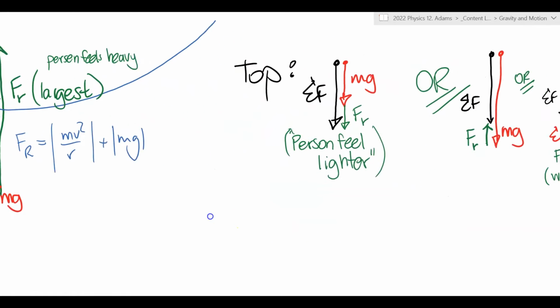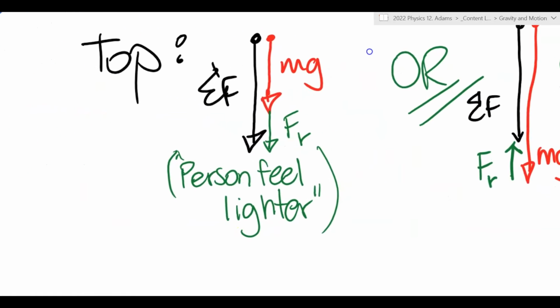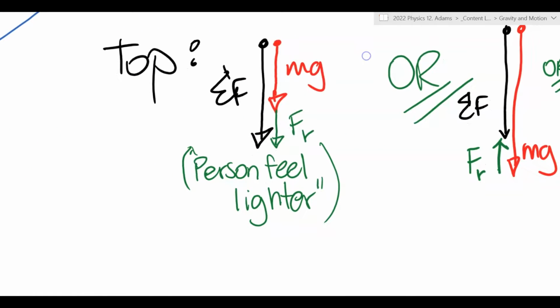Now, at the top of the loop, you've got three possibilities. You've got one force, that's our weight force, that remains unchanged. It's the relationship between that weight force and your centripetal force that determines what your reaction is going to need to be.